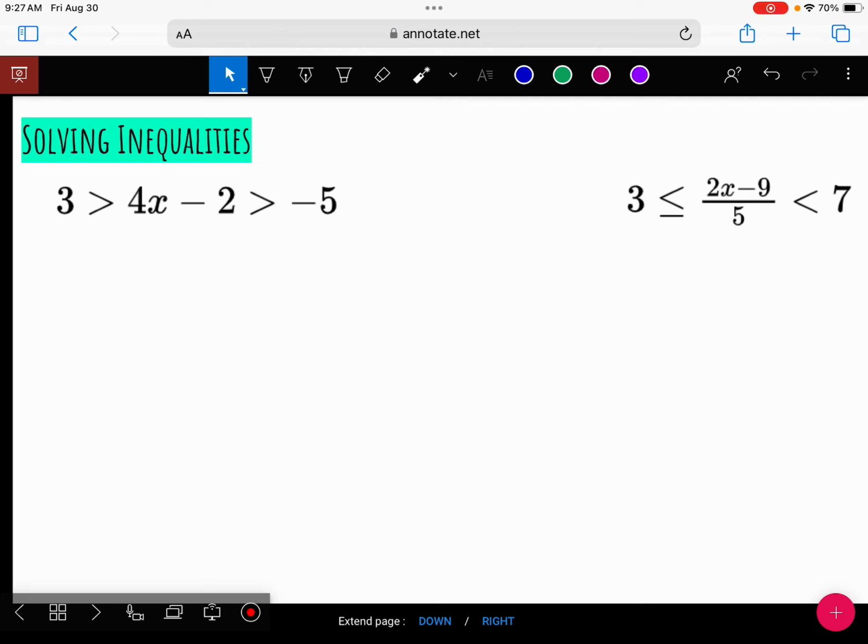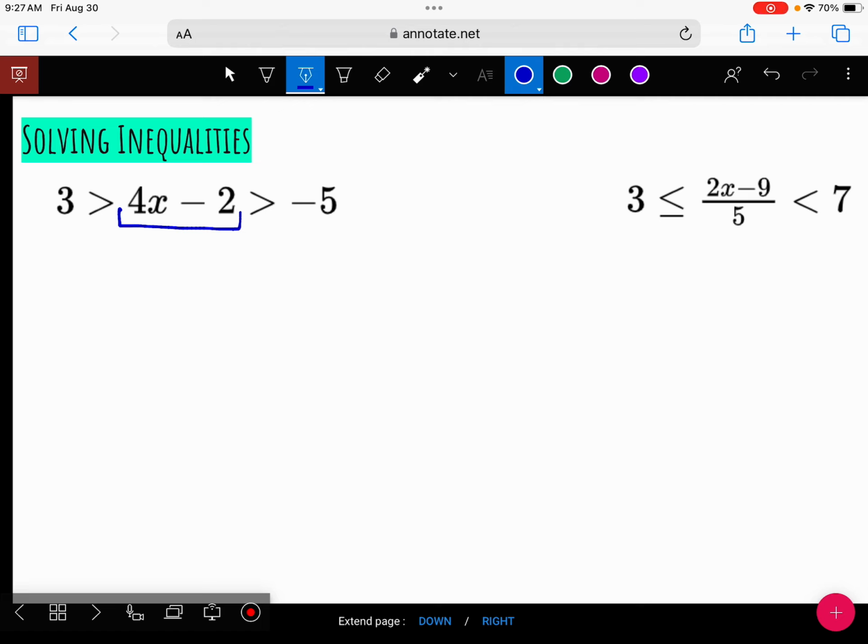Either way is fine. I think it's easiest to live with it as it is. We're just solving from the middle, and we have to go out in both directions. So 3 is bigger than 4x minus 2, which is greater than negative 5.